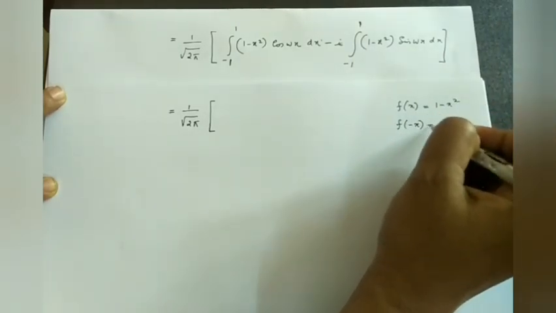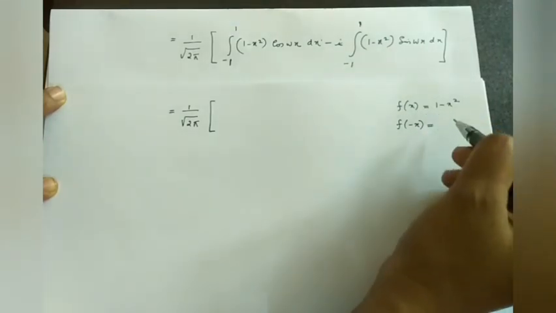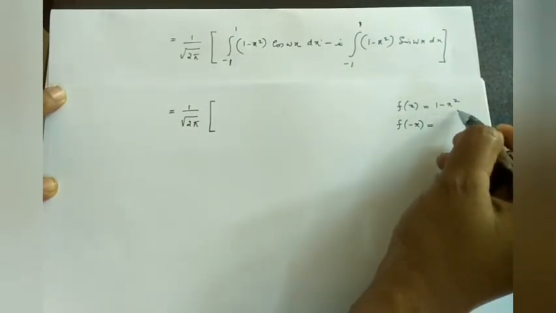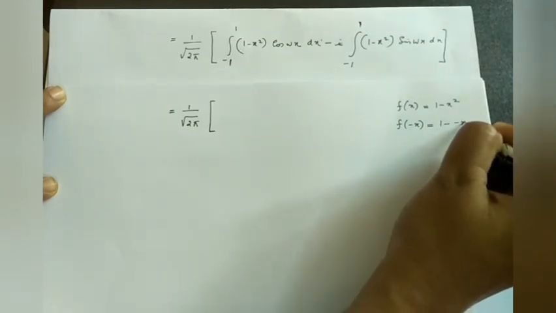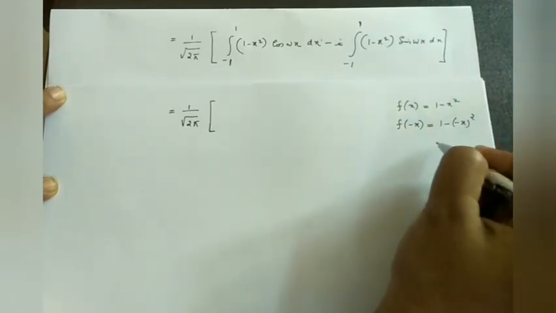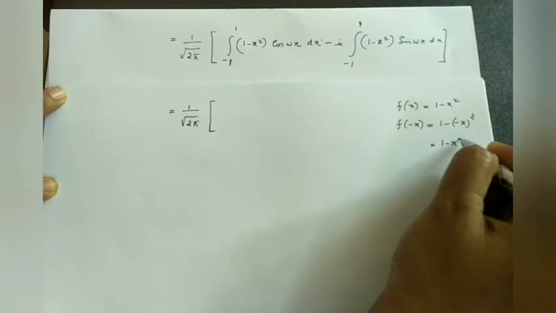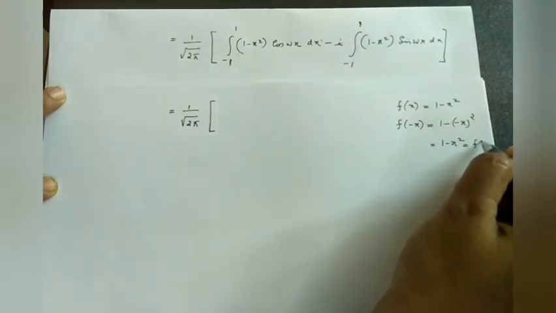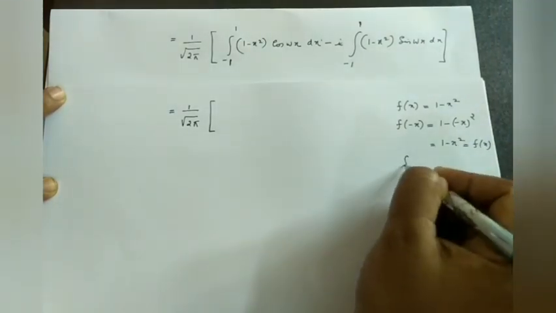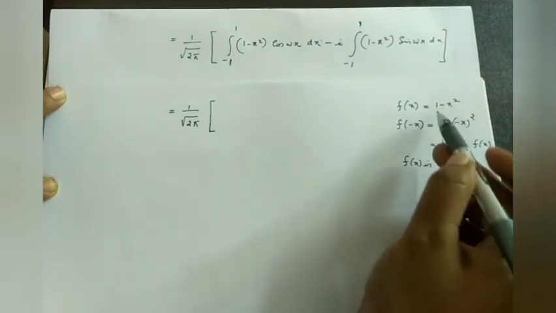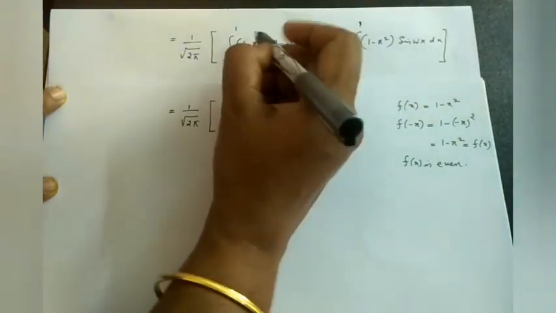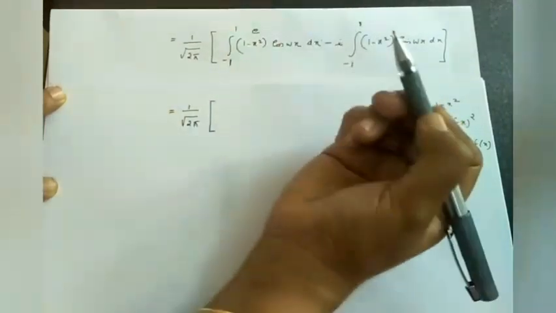If it becomes equal to the same function, then the function 1 minus x square is even. 1 minus minus x the whole square is equal to again 1 minus x square. Okay, it is equal to the function f of x. Therefore f of x is even, or the function 1 minus x square is even. So I am denoting here even function as e.